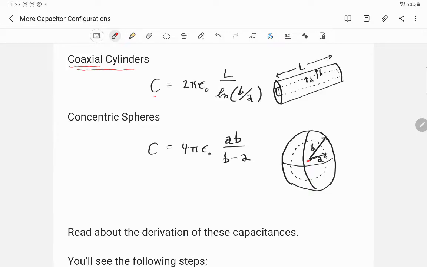The inner sphere, the smaller one, has radius A, and the outer sphere has radius B, where B is bigger than A. And the capacitance can be calculated to have this other functional form: 4 pi epsilon naught, times the product of the two radii divided by the difference in the two radii, so the big radius minus the small radius.